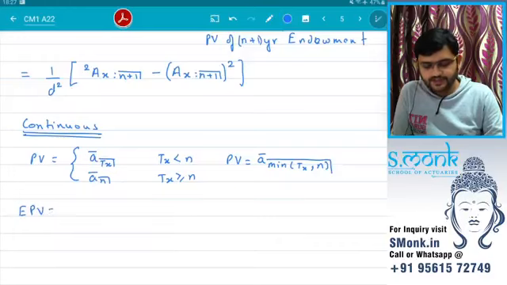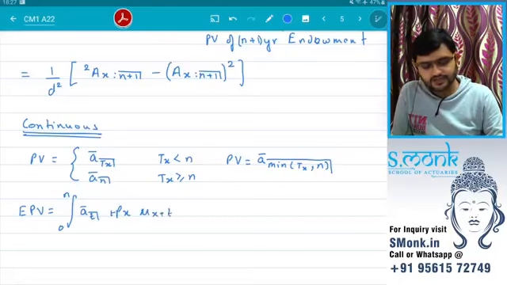So our expected present value, we'll say integration going from 0 to n of A bar t tpx mu x plus t dt. Okay.